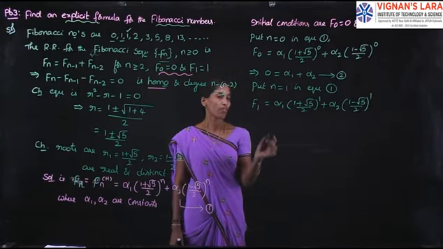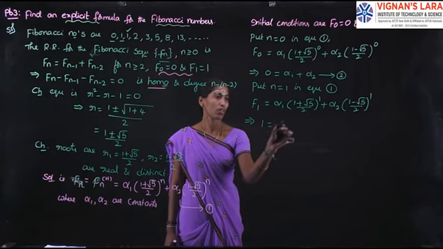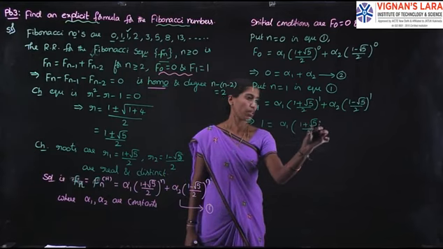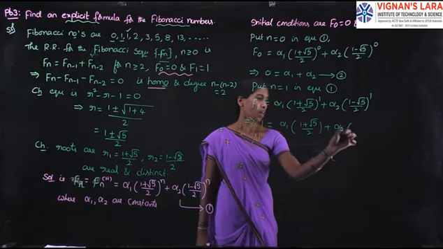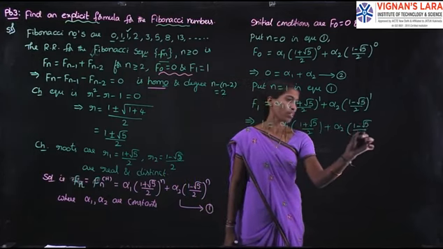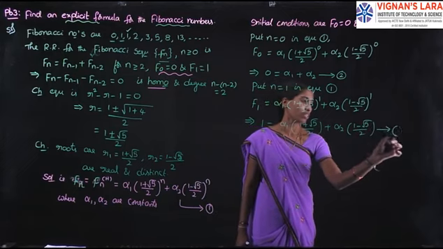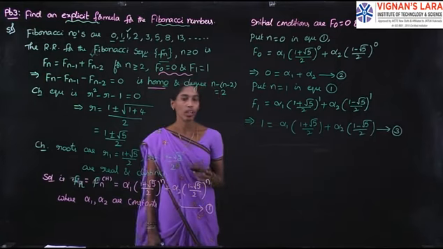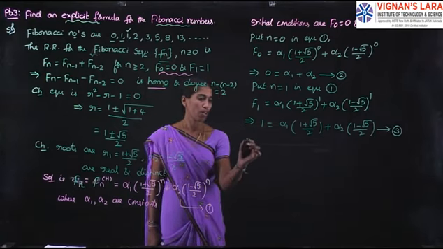So what is the f1 value? 1 is equal to alpha 1 into 1 plus root 5 by 2 plus alpha 2 into 1 minus root 5 by 2. It is equation 3. Now solving equations 2 and 3, find the alpha 1, alpha 2 values.